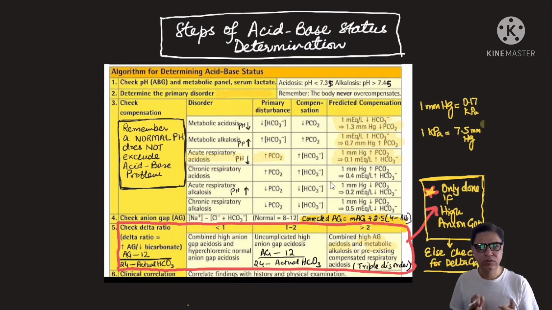And in case of respiratory alkalosis, for acute conditions, for every 1 millimeter of mercury decrease in PCO2, the body would decrease the bicarbonate by 0.2 milliequivalent per liter. And for chronic, for every 1 millimeter of mercury decrease in PCO2, the body would try to decrease the bicarbonate by 0.5 milliequivalent per liter.